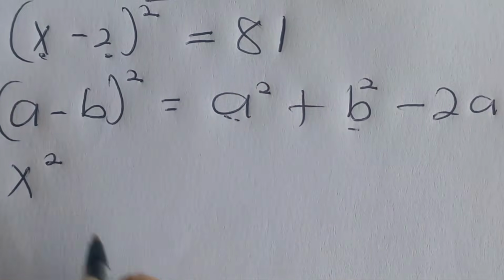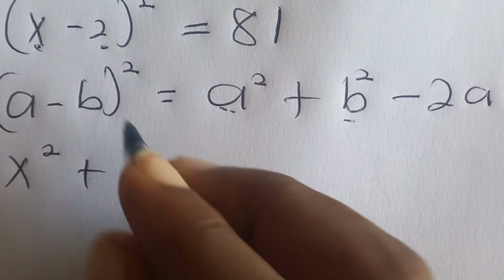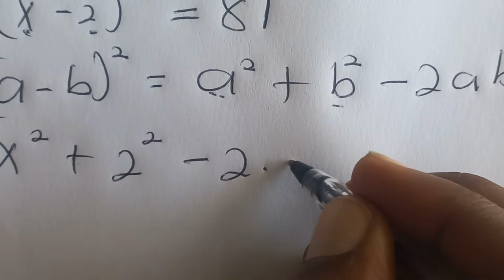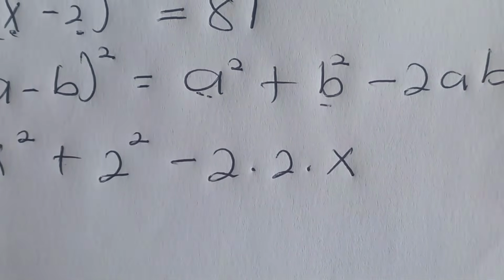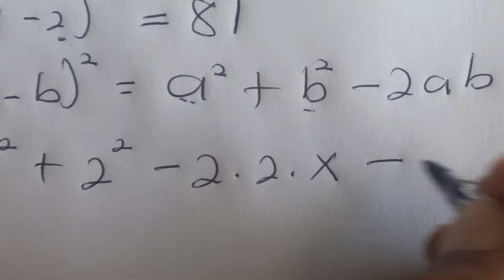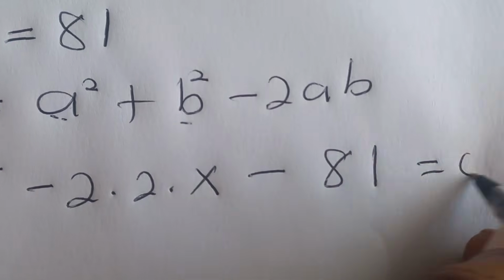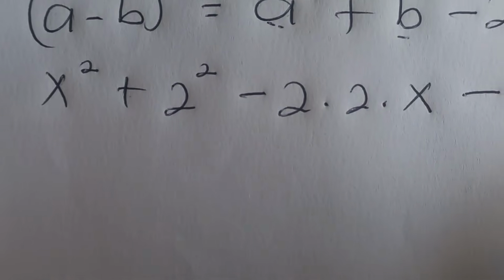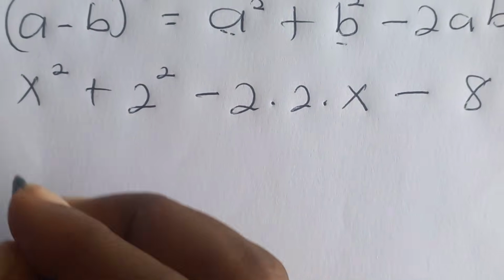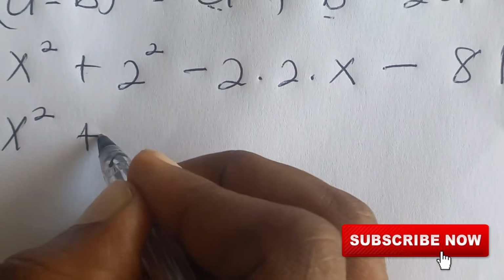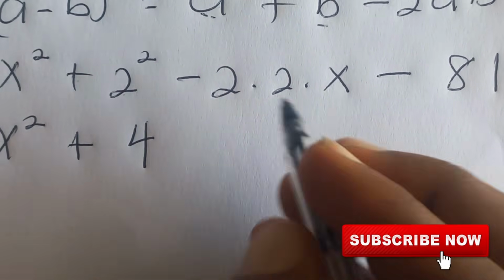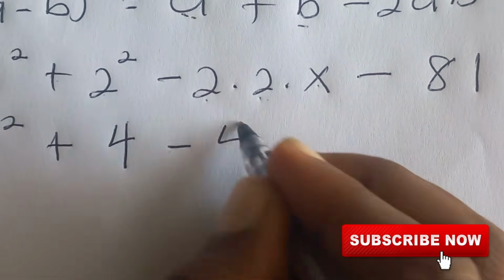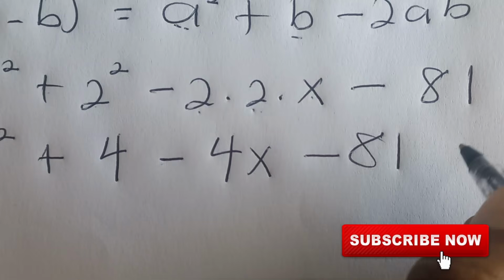So we have x squared plus 2 squared minus 2 multiplied by x, minus 81, which is equal to 0. From here, we can express the terms. So we get x squared plus 2 squared, we are getting 4, minus 2 times 2 is 4, 4 times x is 4x, minus 81 is equal to 0.